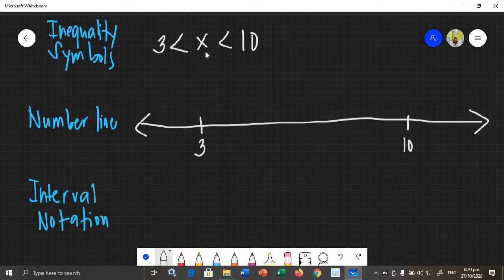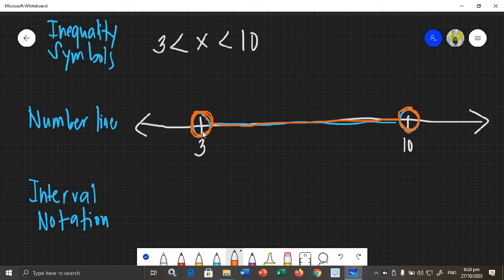So it says the value of x is greater than 3, but the value of x will not go beyond 10. The inequality symbol used is less than for both. Therefore, we put open circles on both. They are not included in the solution or in the values of x. So, if I'm going to illustrate this problem using a number line, this is what it looks like.